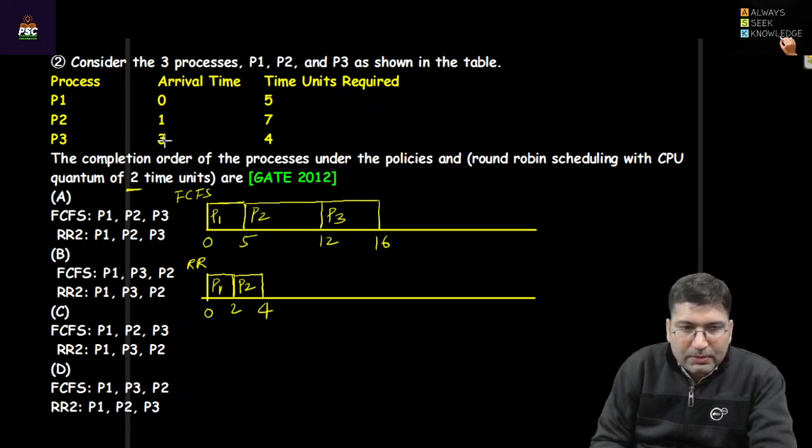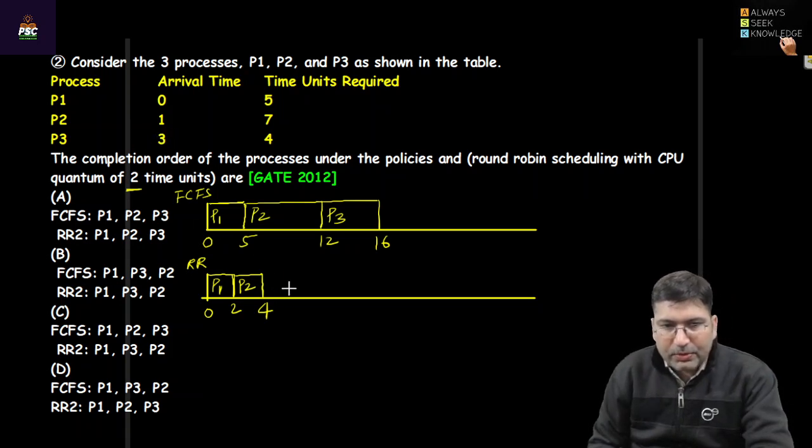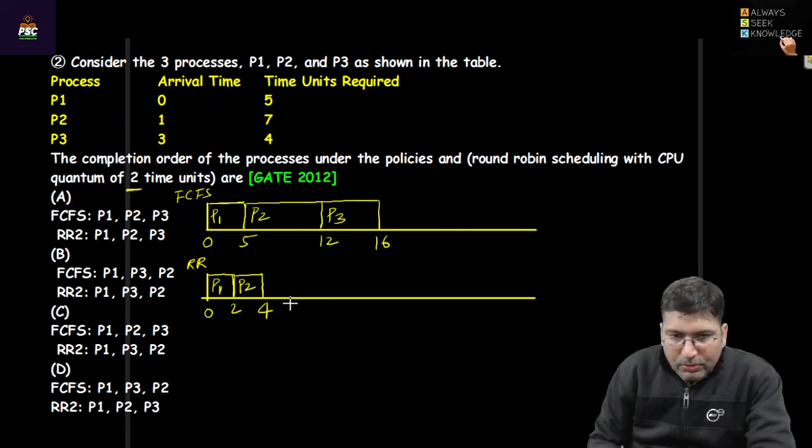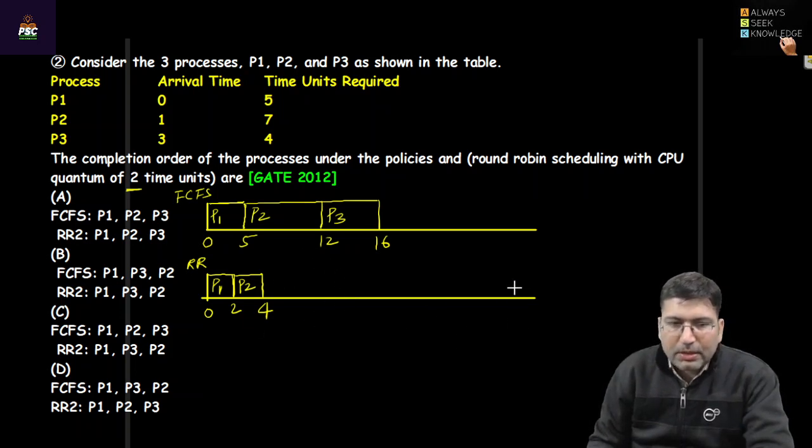Till 4 P3 will have arrived, so then you can schedule P3. In round robin scheduling, you can maintain a queue, so that you can pick up in the order of the queue. So let's do it like this. If it does not work, then we try with the queue.